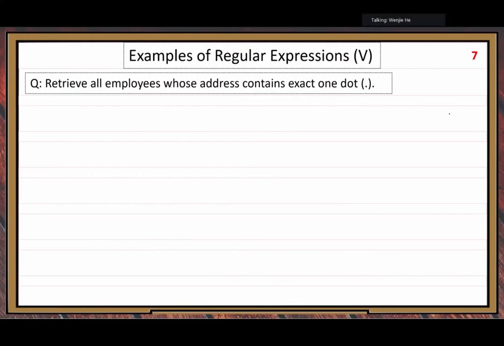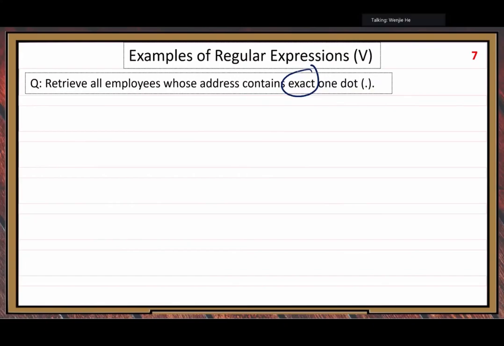But here, we want to represent another piece of information: exactly one. Because if you only match the literal dot character, that means you want the string to contain at least one dot, right?